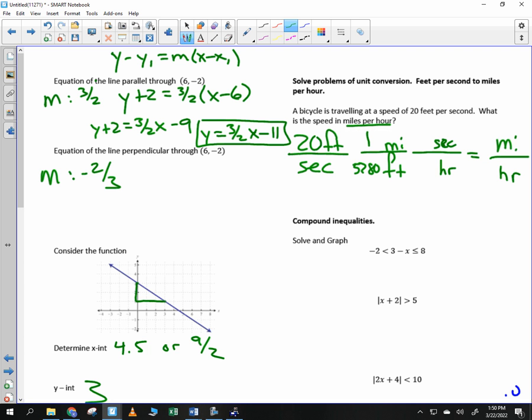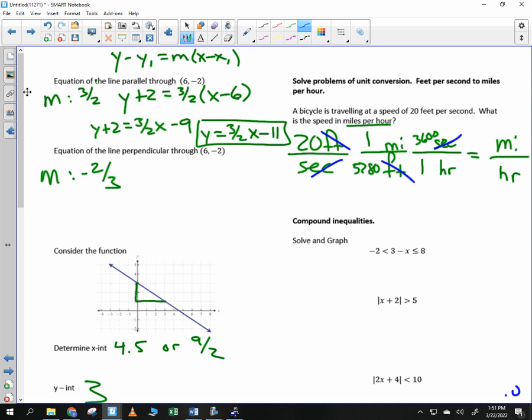Somebody help me out. How many seconds in an hour? Nope, there's 60 minutes in an hour. 3,600. Thank you very much. So notice as you multiply that feet cancel and that seconds cancel, and you're going to be left with miles per hour.